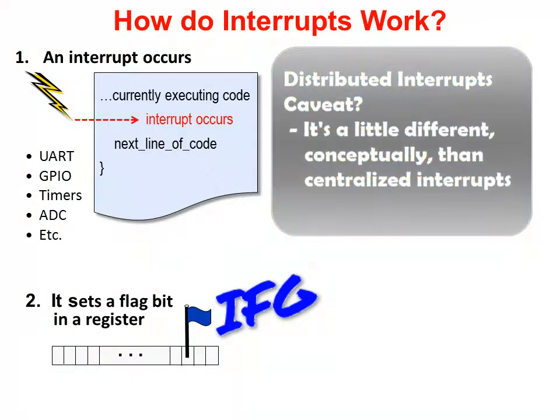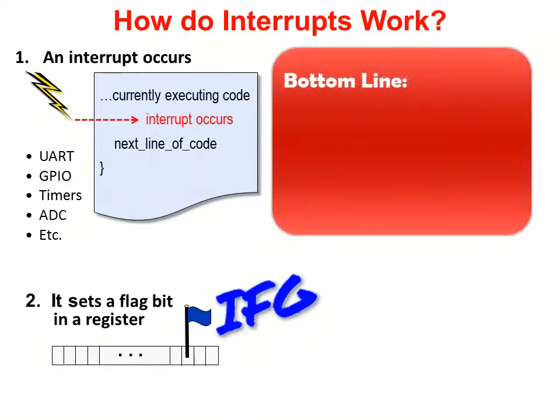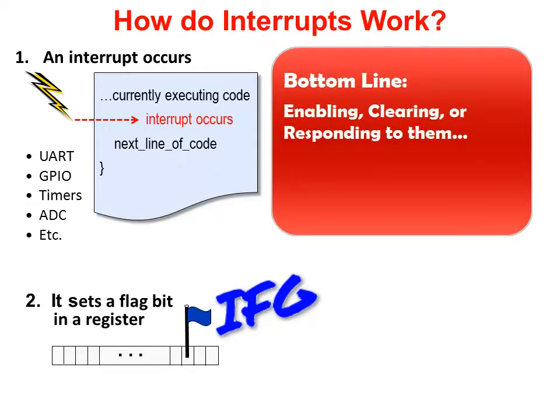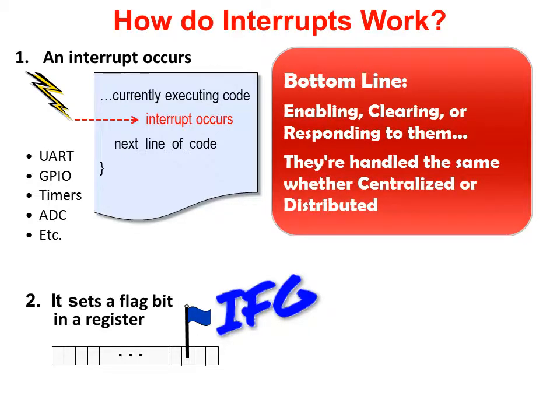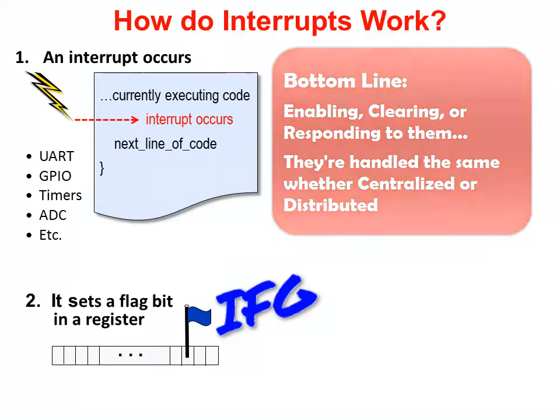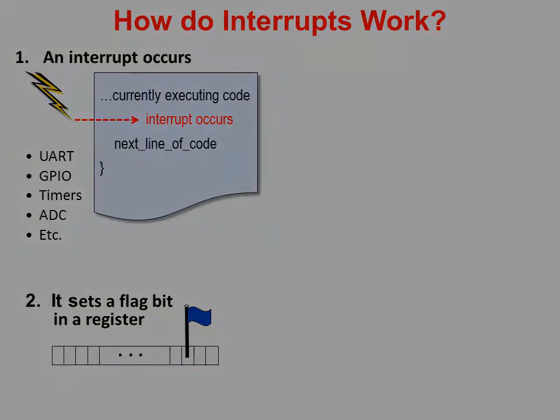The only negative, if you can call it that, of distributed interrupts might be that it's just different. Many of us are used to seeing them all grouped together. Bottom line, though, is that when working with interrupts, whether enabling interrupts, clearing them, or responding to them, it's all done in pretty much the same way, whether the hardware is laid out centrally or in a distributed fashion.